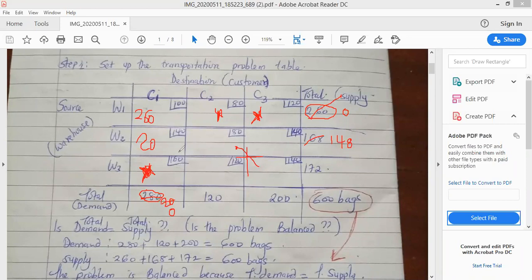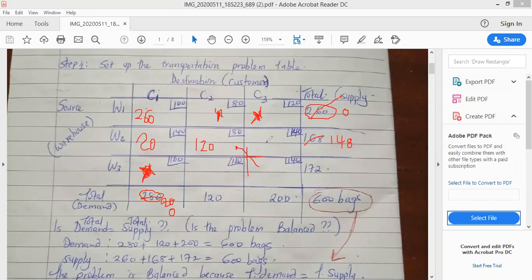But as we assign, is it possible to assign all the units from a particular source? Remember, the point is you accommodate as many units as possible from a particular source into a certain cell. I'm comfortable to feed this cell with a whole 120 units coming from the balance that we had here of 148 units.